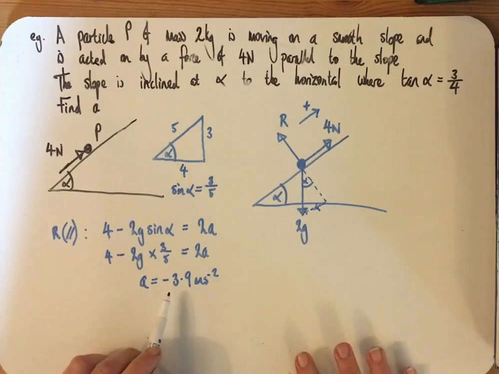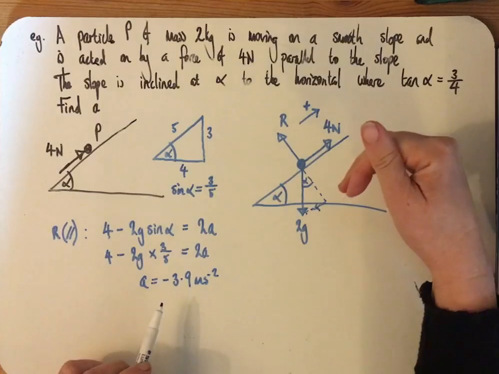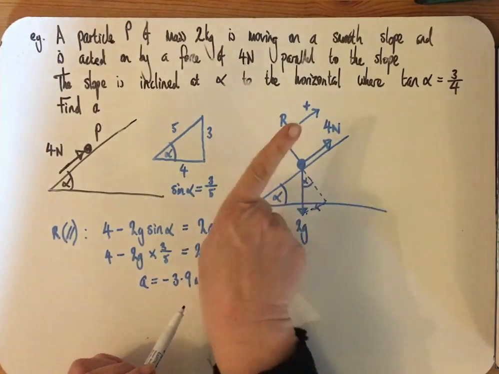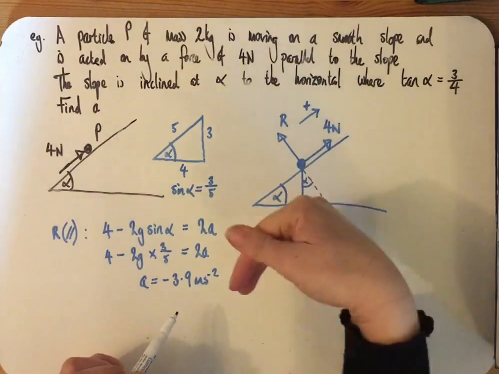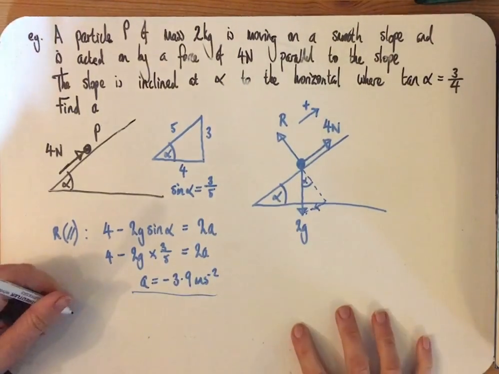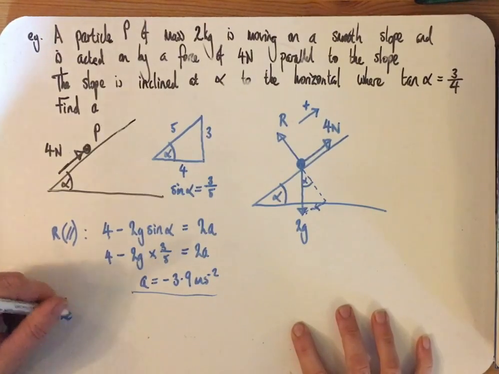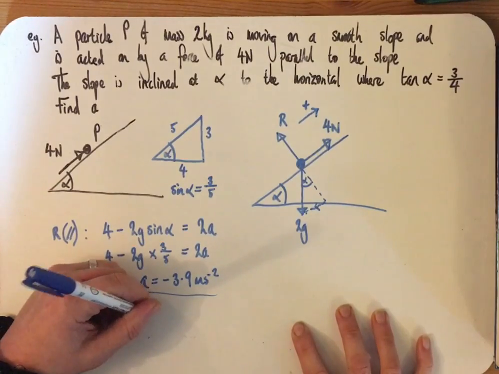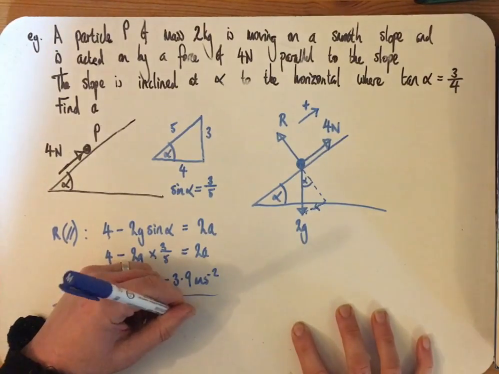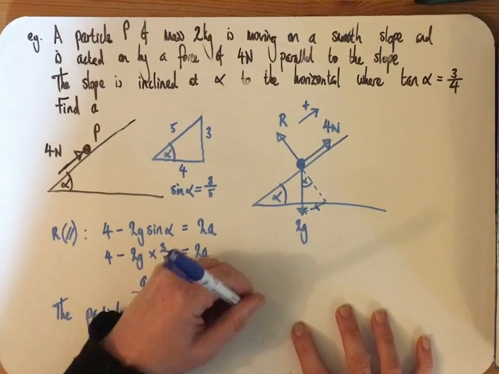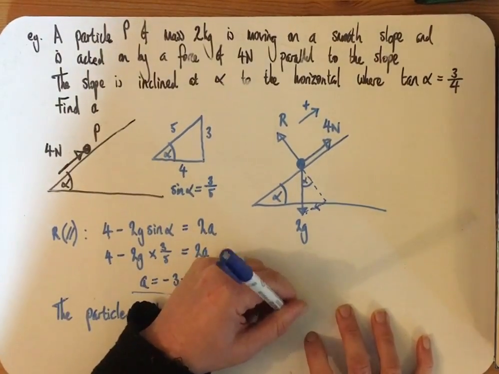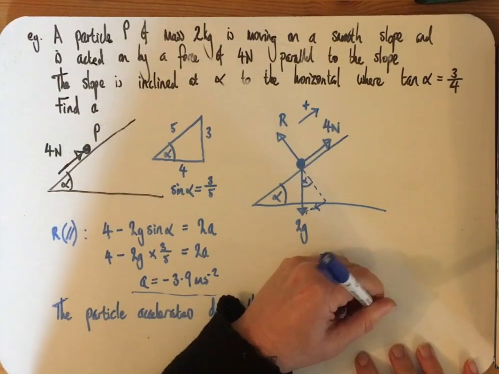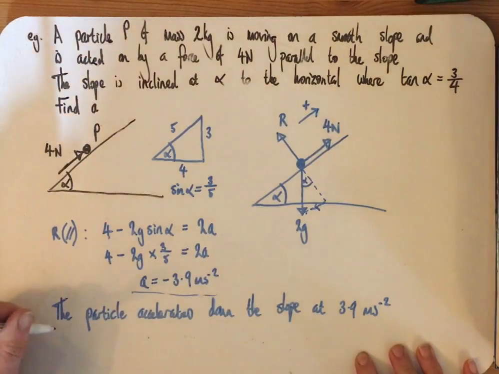Because a has come out negative, that means it's accelerating down the slope. Because I know that's my positive direction, the acceleration is in a negative direction. So the particle accelerates down the slope at 3.9 meters per second squared.